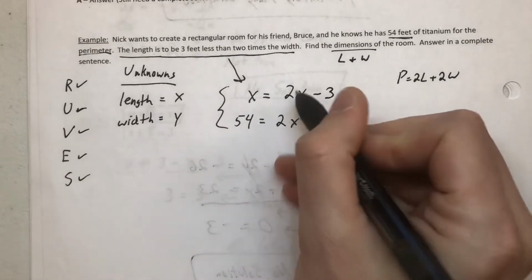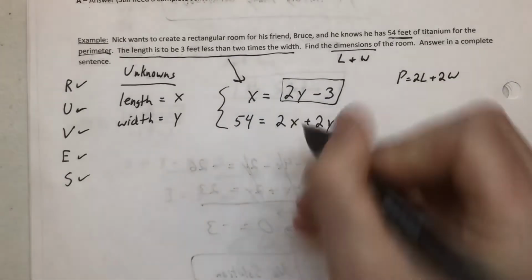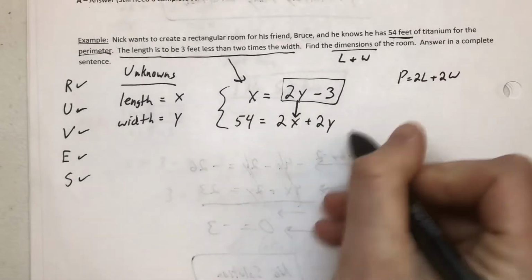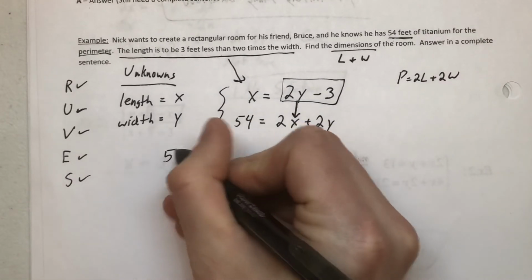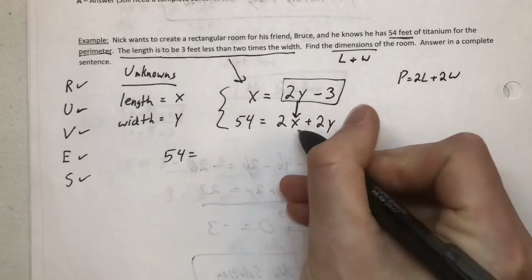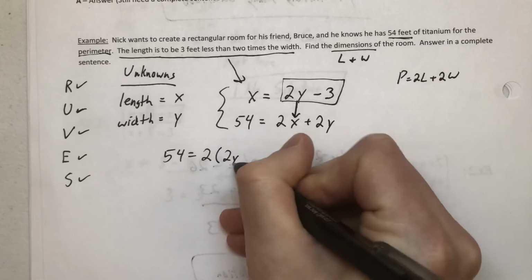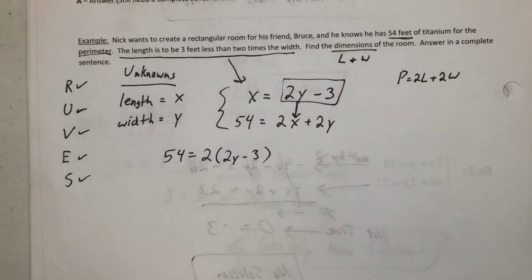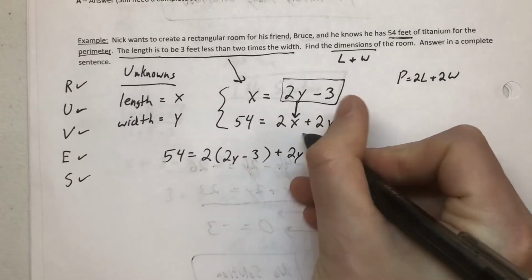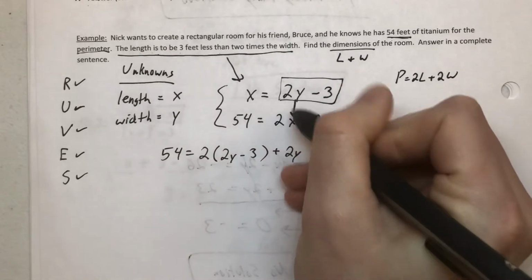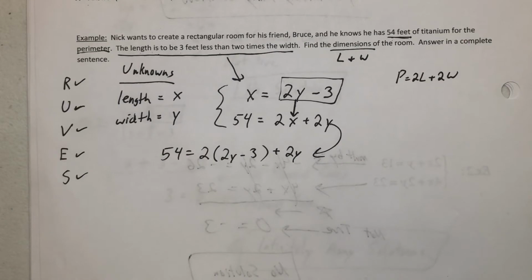X is the same as that expression right there, so we can replace or substitute that expression directly in for that x in the second equation. So I'm going to have 54 equals 2 times, but now in place of that x, I'm putting the entire 2y minus 3. And then finish the rest of the equation there, plus 2y. So that equation with that plugged in, that's substituted, and now we can solve it.